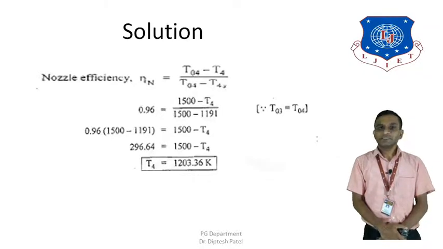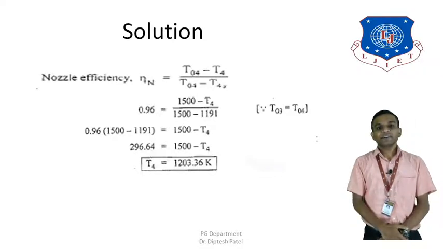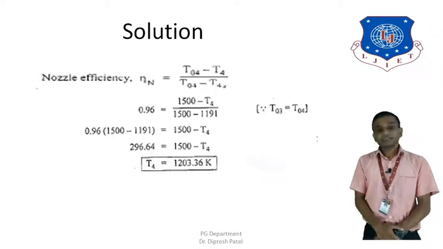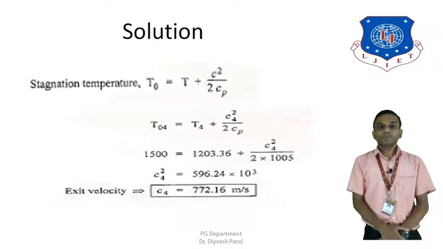Put the values here: 0.96 equals 1500 minus T4 divided by 1500 minus 1191. After going through the calculations, I get T4 equal to 1203.36 Kelvin.